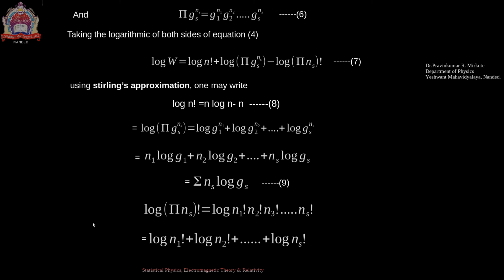By solving it, we get log N1 factorial plus log N2 factorial plus up to log NS factorial. By substituting all these values, we get N1 log N1 minus N1, plus N2 log N2 minus N2, plus up to NS log NS minus NS.